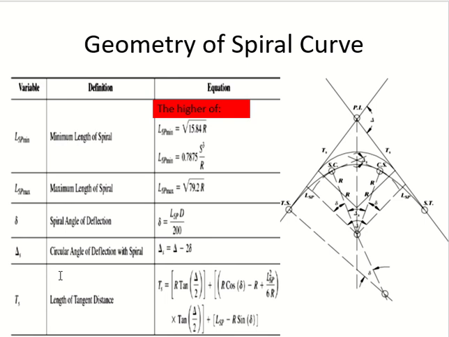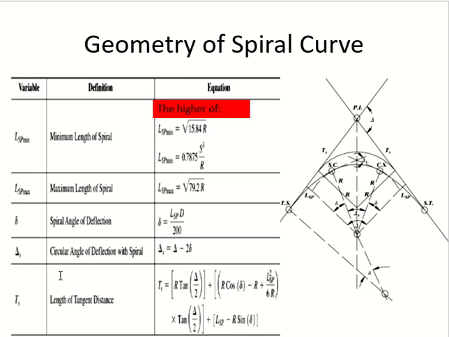For the spiral curve, first of all, let us look at the geometry of the spiral curve. Okay. So we said we have a tangent, and the tangent is connected to the spiral curve, right? So this is the point where the tangent is connected to the spiral curve. TS, tangent to spiral.